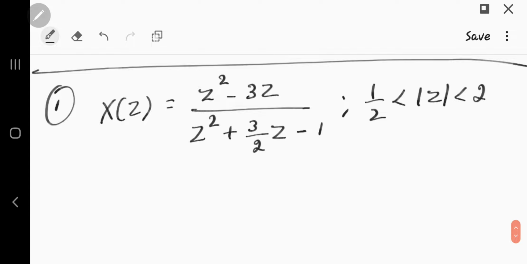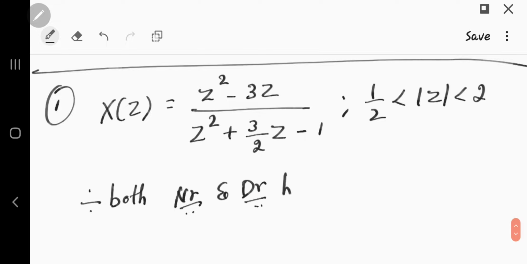So here the first step is you have to make the first term 1. So you have to divide both the numerator and the denominator by z square.